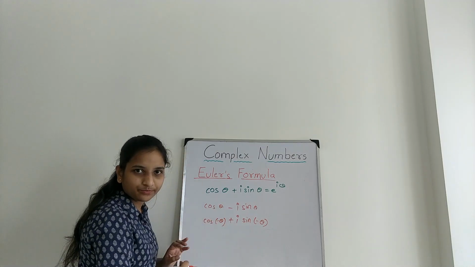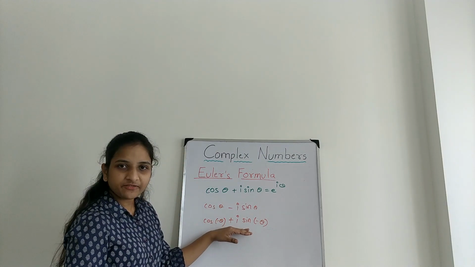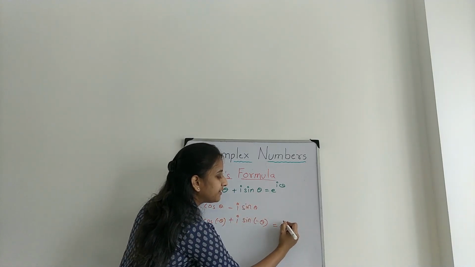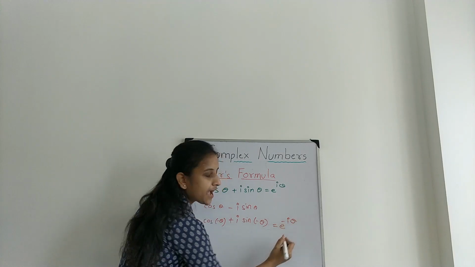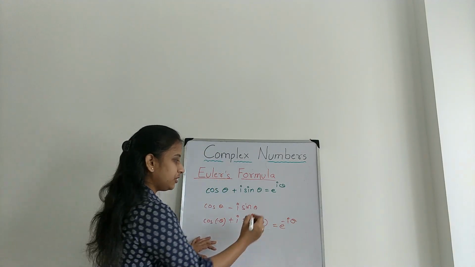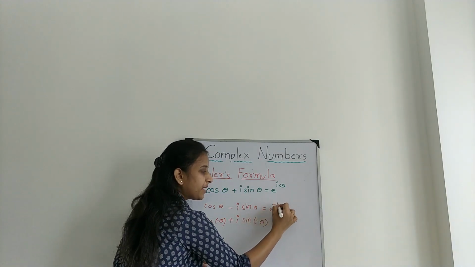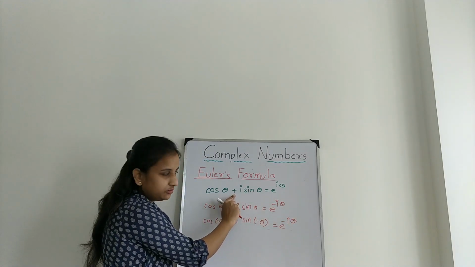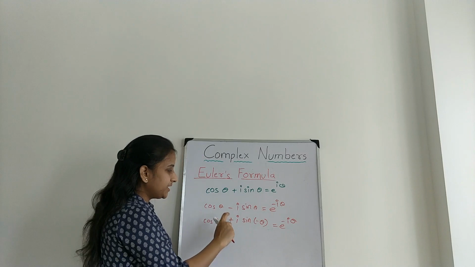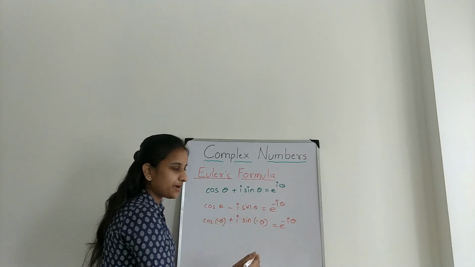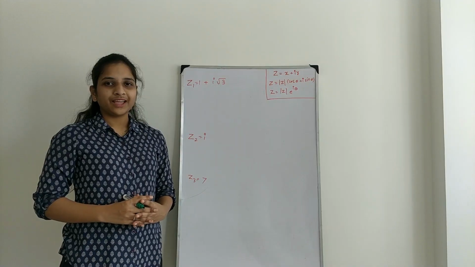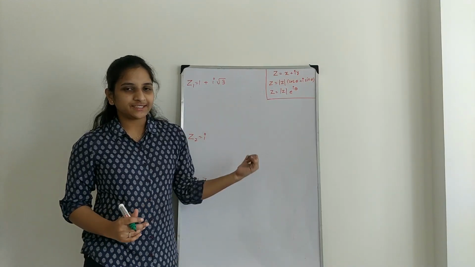Both are the same. Now, this is in standard form. Using this, I can write this equation as e power minus i theta. So, whenever it is positive, you use e power i theta. When it is negative, you should use e power minus i theta. Understood?